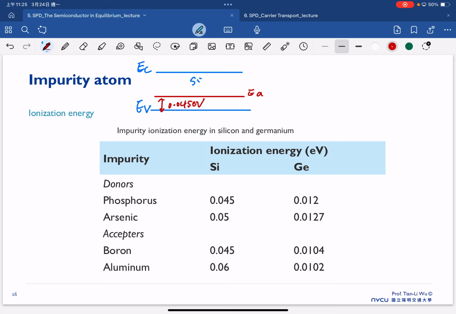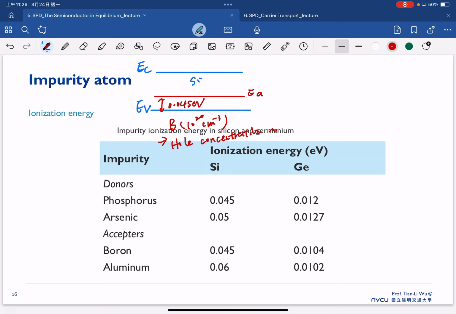For example, if you consider boron, since this ionization energy is very small, if we dope the boron at a concentration of 10 to the 20, then we can make sure that in the end this boron contributes holes very close to 10 to the 20.